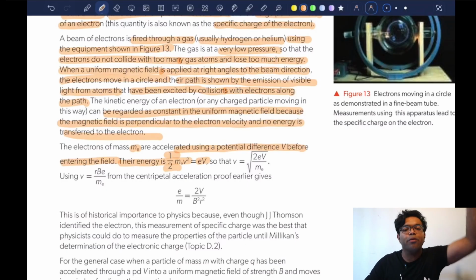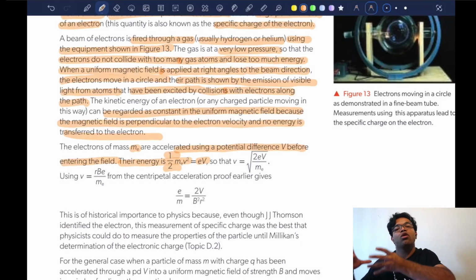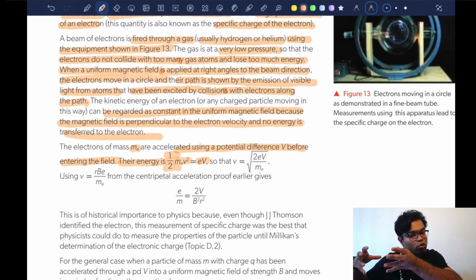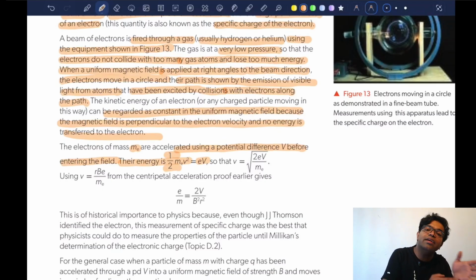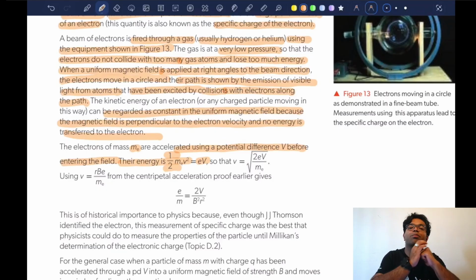The potential energy that you had in the beginning comes out as the kinetic energy downwards, right? The same thing is happening here. So you accelerated the electron through a potential difference, and that potential difference is giving it some kinetic energy as it enters into the field. Am I right?